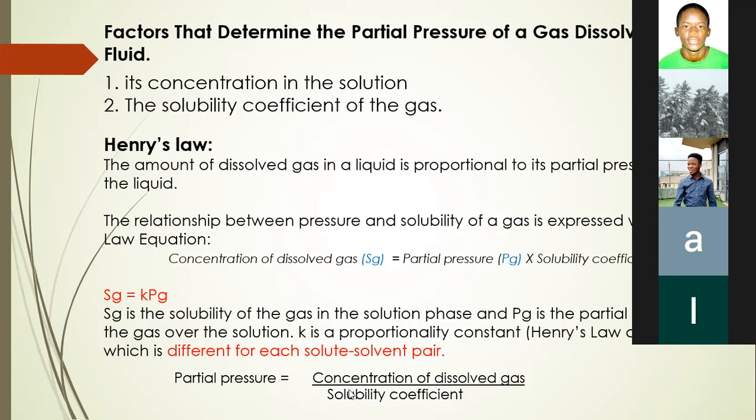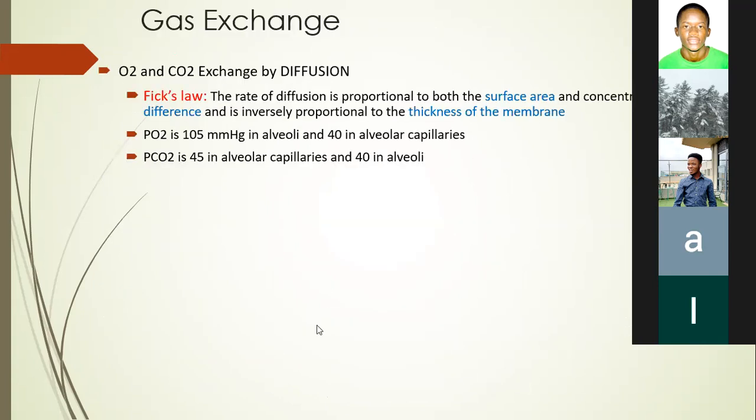But what I want to say is, if you increase the solubility coefficient, then when you divide the two, you'll find that the partial pressure will be much affected because there's that inverse relationship.